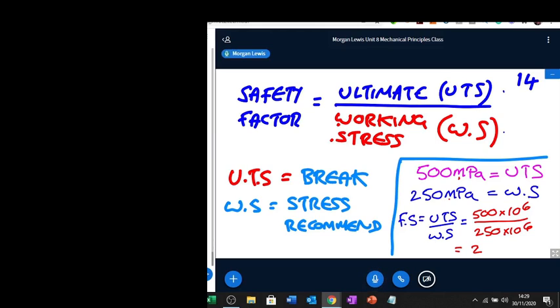Say if Lewis James said, I want my aircraft to be safer than that. We'd have to fly a bit lower, don't rev the engine too much. I only want you to work at 100 stress. What's Lewis James's safety factor?